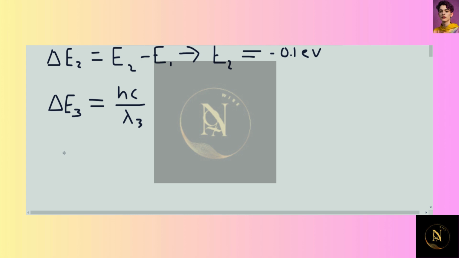Therefore, E3 is going to be equal to delta E3 plus E1, which comes out to equal negative 0.0 eV.